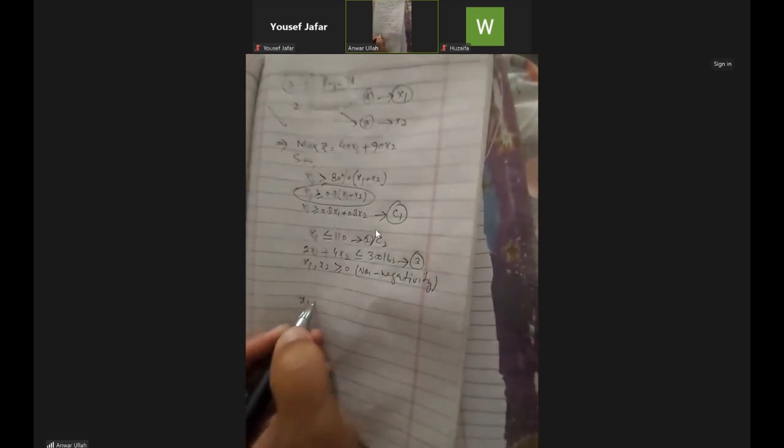So simplifying it, we will get x1 is greater than or equal to 0.8 x1 plus 0.8 x2, which implies that we will move the x1 terms to one side and x2 to the other side of the inequality.